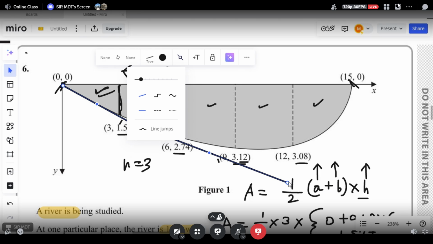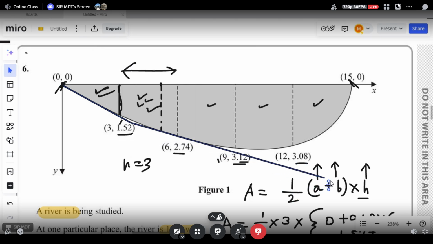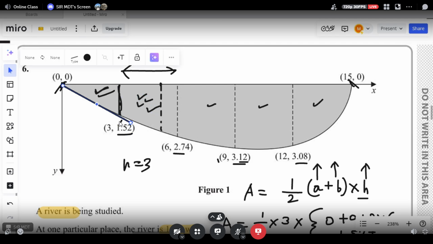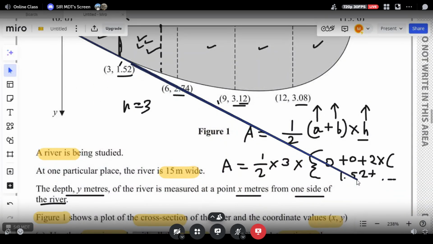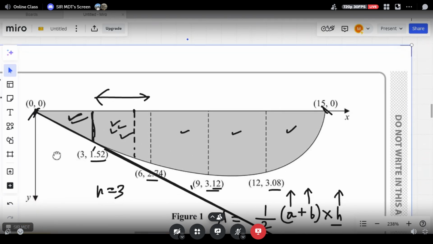Okay, this is the straight line you can see. Okay, like that.